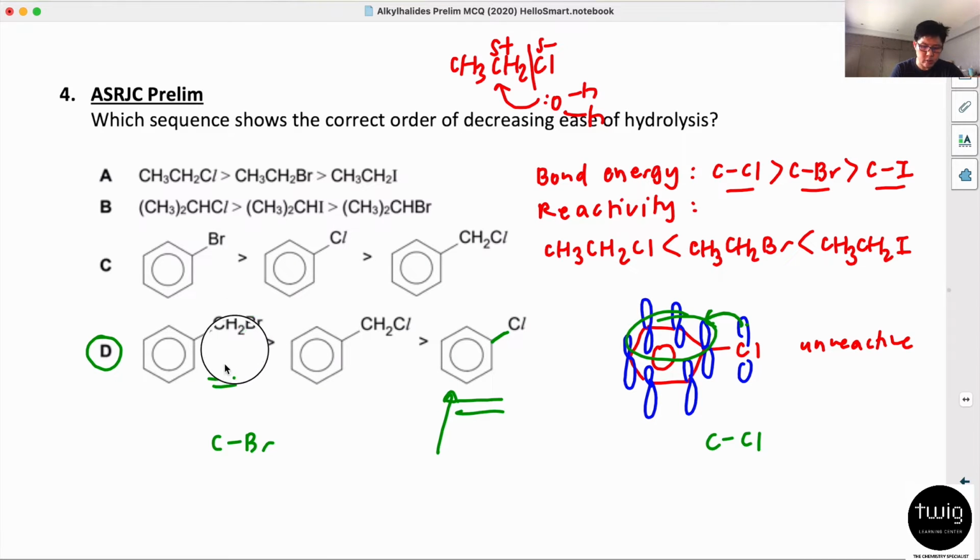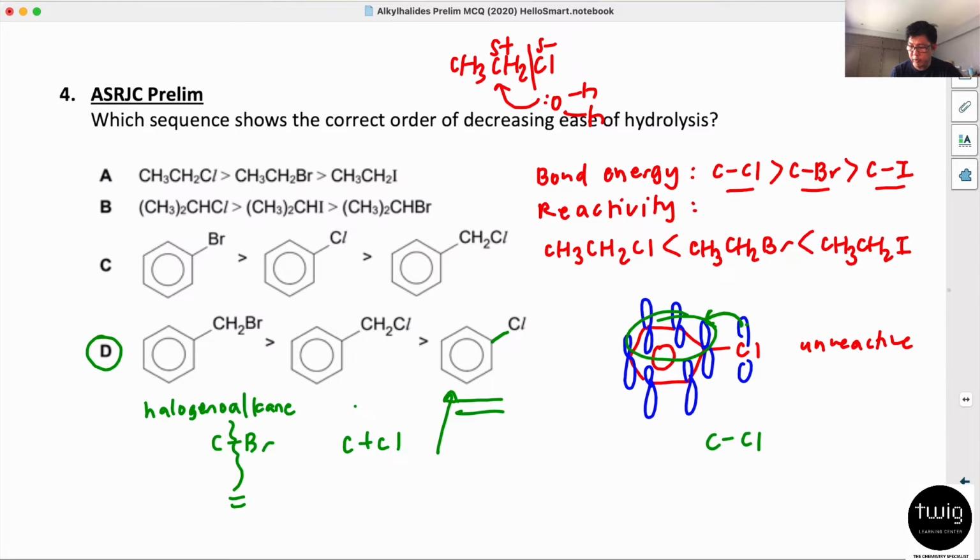So this is a halogenoalkane, not arene. It is the most reactive compared to the second one because the C-Br bond is easier to break than the C-Cl bond. Being easier to break, it will be the fastest. So that's why the option is D.